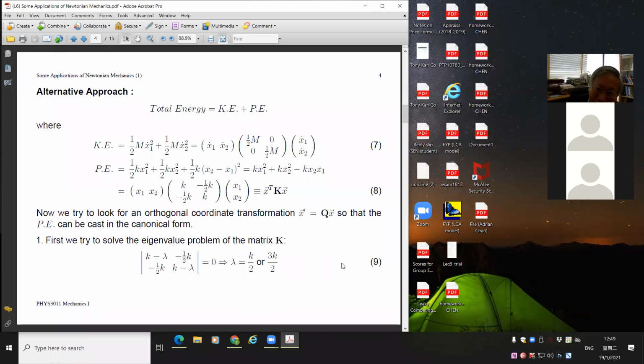Okay. Now, I have a question for you. Here we have a total energy expression. It contains kinetic energy and potential energy. If you take a closer look at the kinetic energy and also the potential energy, what do you see?